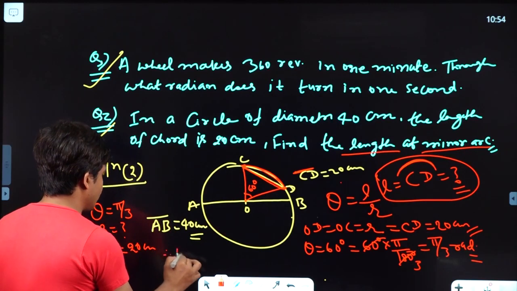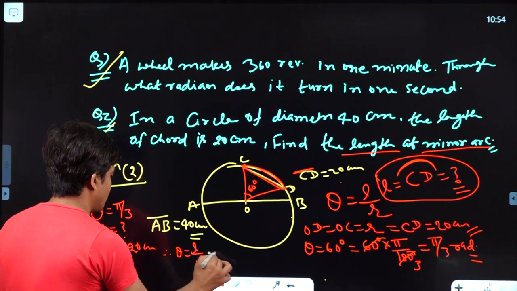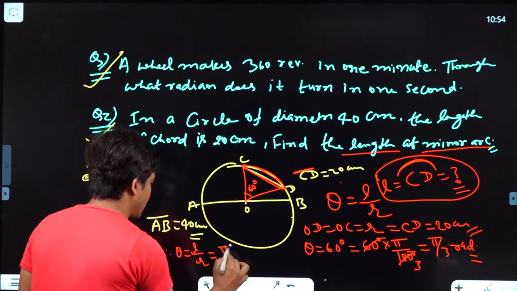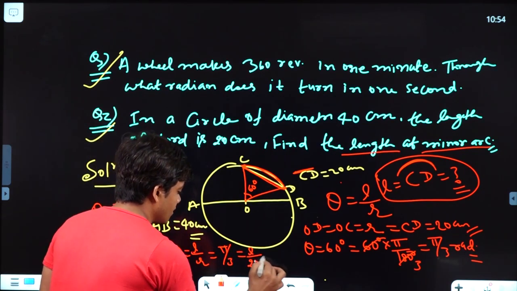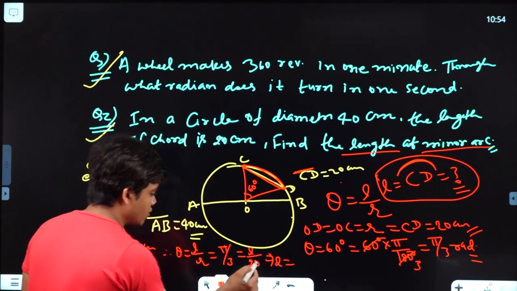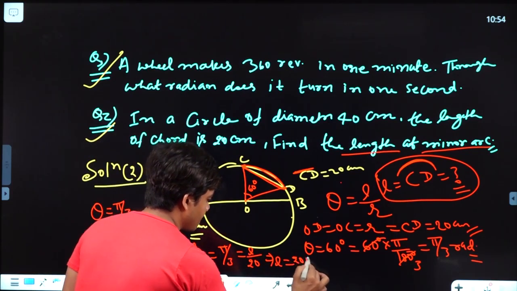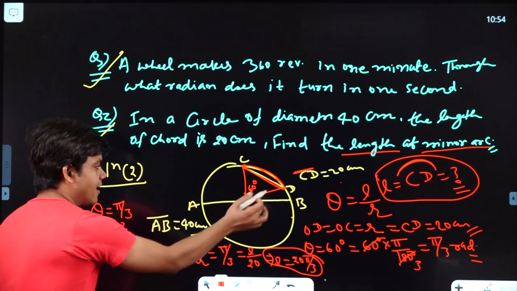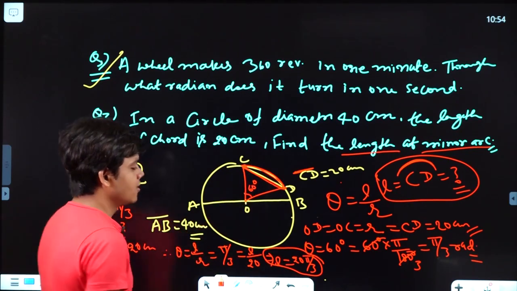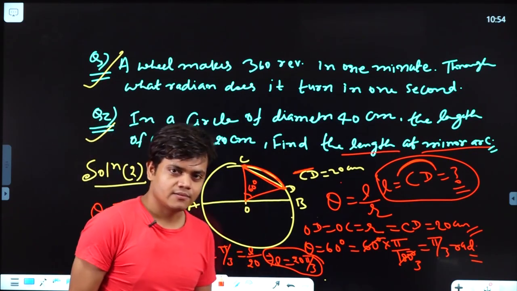Therefore theta is equal to L by R, meaning pi by 3 is equal to L upon 20. So finally L will be 20 into pi by 3. So the length of the minor arc is 20 into pi by 3.